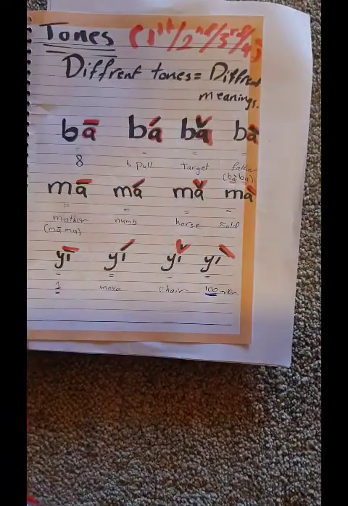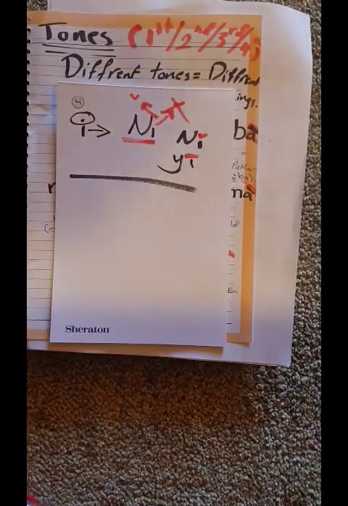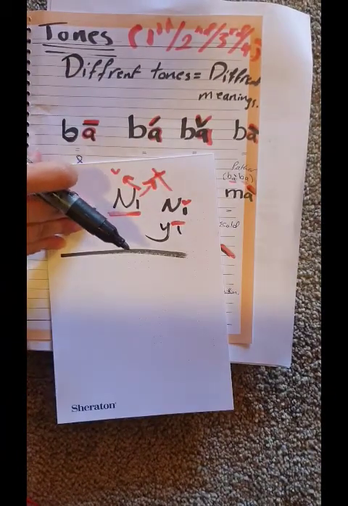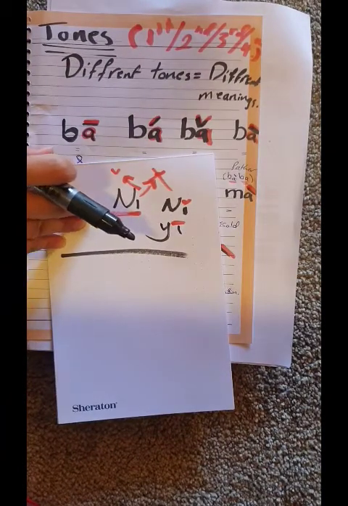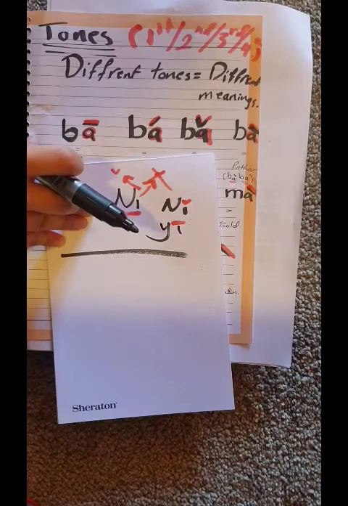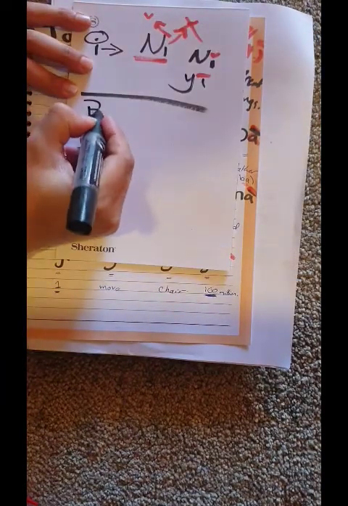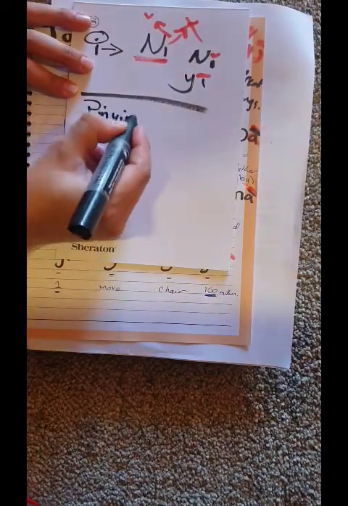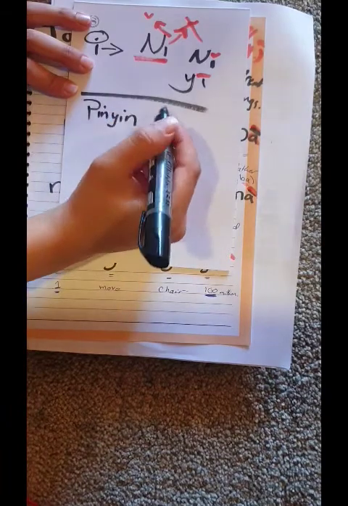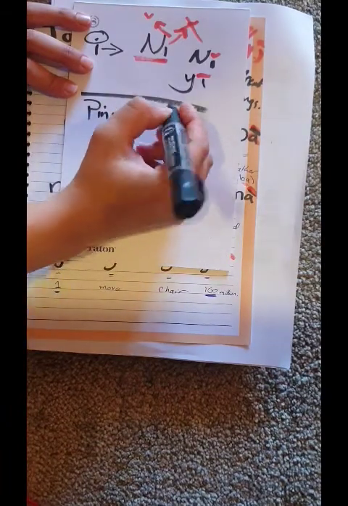I'm going to give you here something. In addition to this, I'm going to give you something that you have to understand for writing grammatically, to write the pinyin. What is the meaning of this? In Chinese, we have something we call the pinyin, and we have something we call the characters.